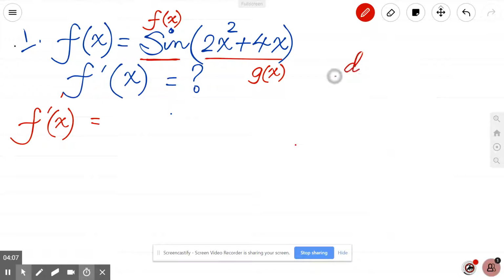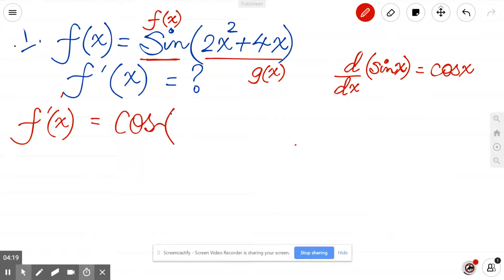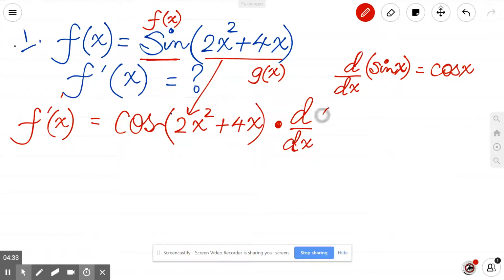So if you remember from your formulas, d by dx of sine x is cos x. So you do the derivative of outside function, you just bring the inside piece as it is right here, and then times you do the derivative of your inside piece. So I can say it is the derivative of 2x squared plus 4x, which is your inside piece.